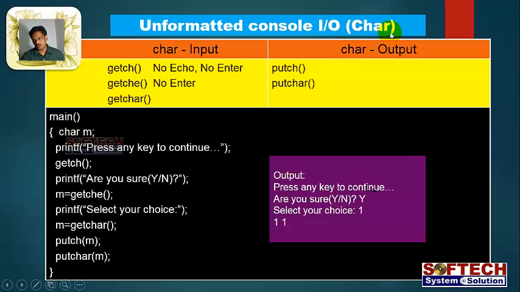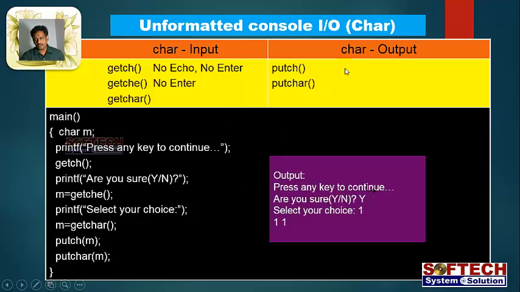Unformatted console IO, character. Through this example program, we understand the input output of character only, because unformatted console is only applicable to access character and string.